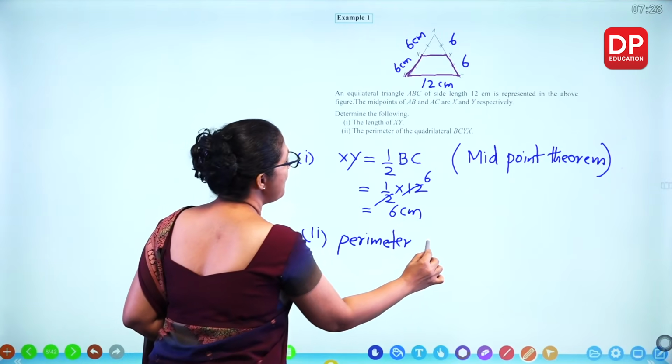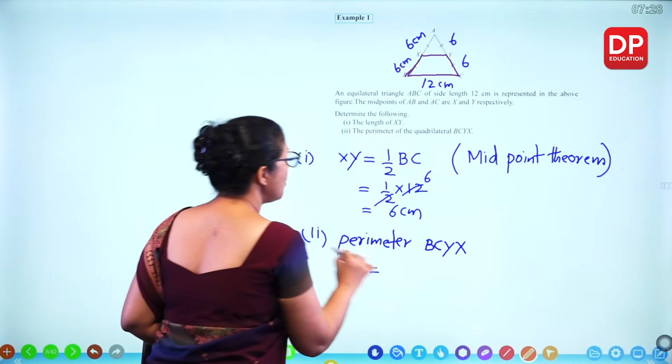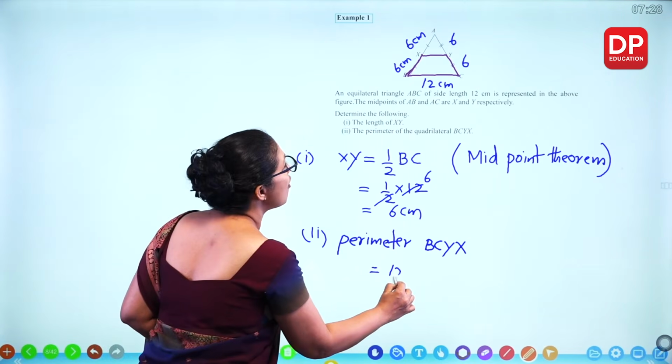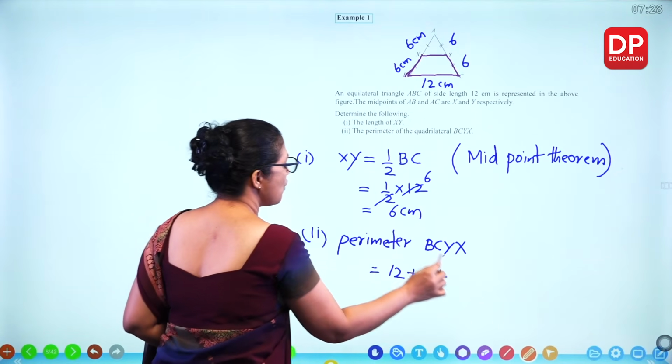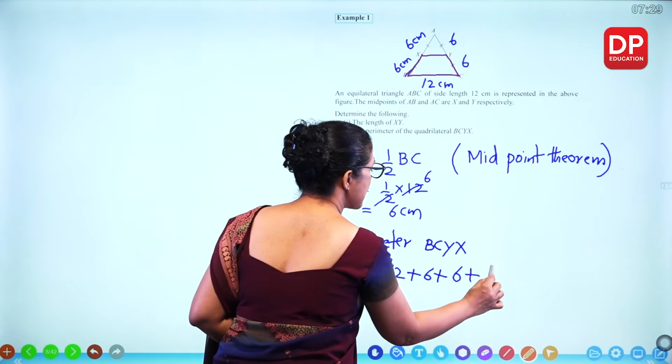Perimeter of BCYX is equal to, just add all the lengths. 12 for BC, then 6, then XY we found that 6 and XB is 6.